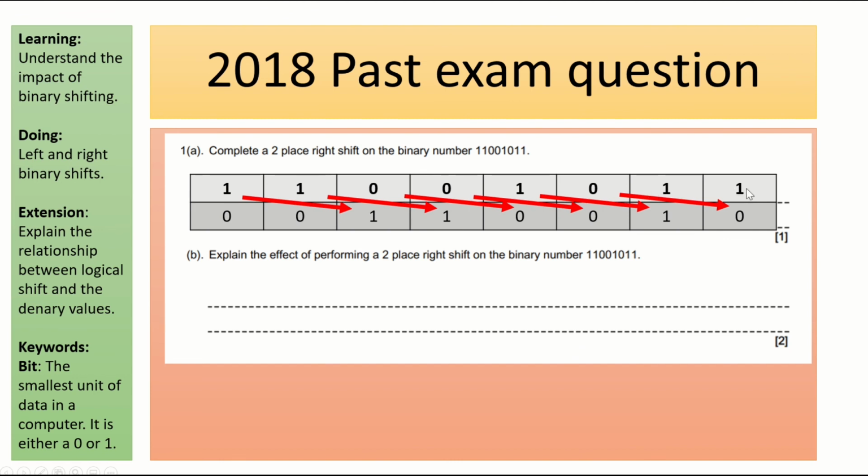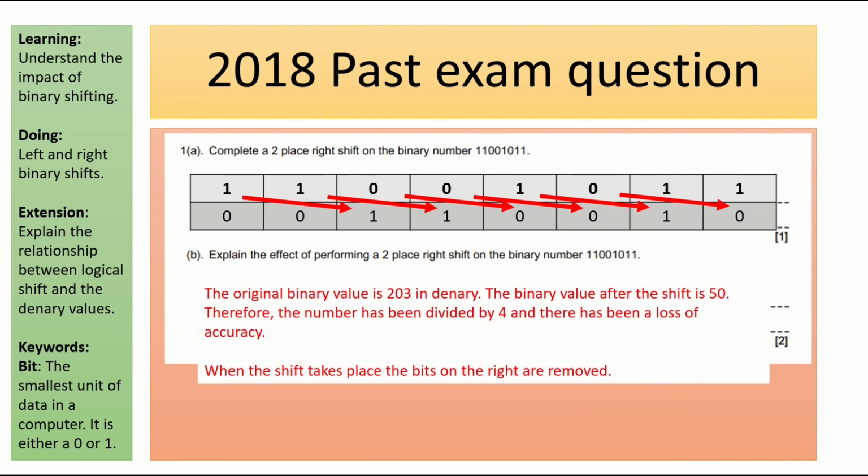Okay, and then when we move it down two places, all we're doing is dividing it by 4, aren't we? So the original value is 203 in denary. The binary value after the shift is 50. Therefore the number has been divided by 4, and there has been a loss of accuracy. So when we divide 203 by 4, it rounds it down to 50.